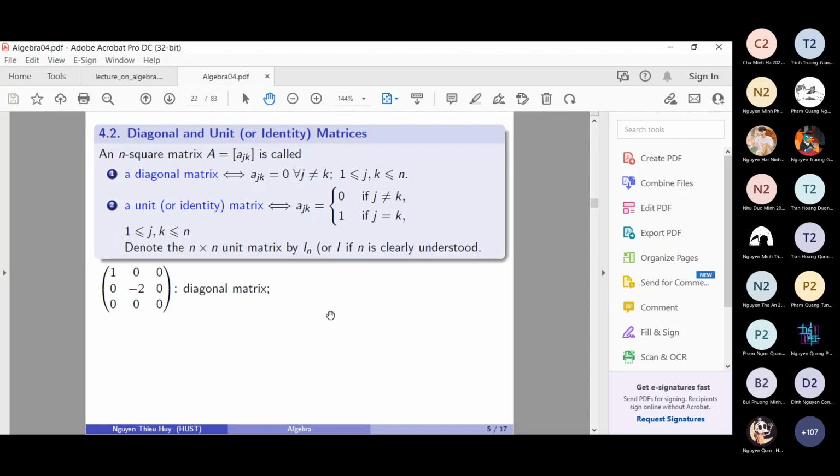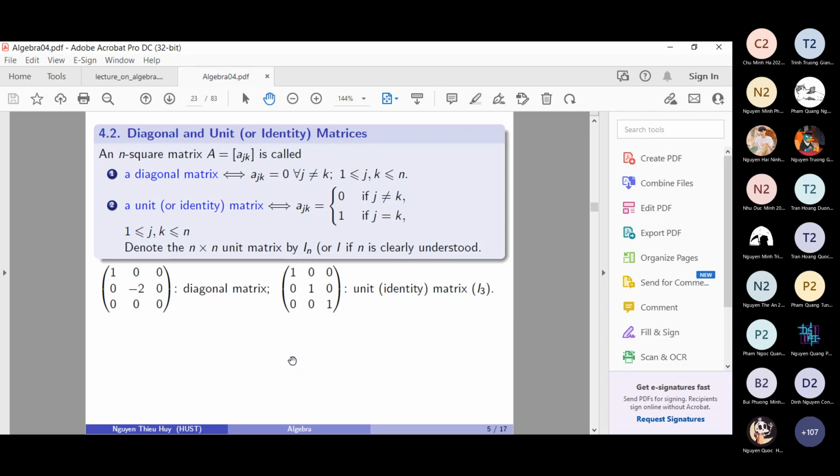Now let me give you an example. This is a diagonal matrix because outside the main diagonal all the entries are 0. And this is a unit matrix or identity matrix, when it is a diagonal matrix, of course, and on the main diagonal all of the entries are 1, right?